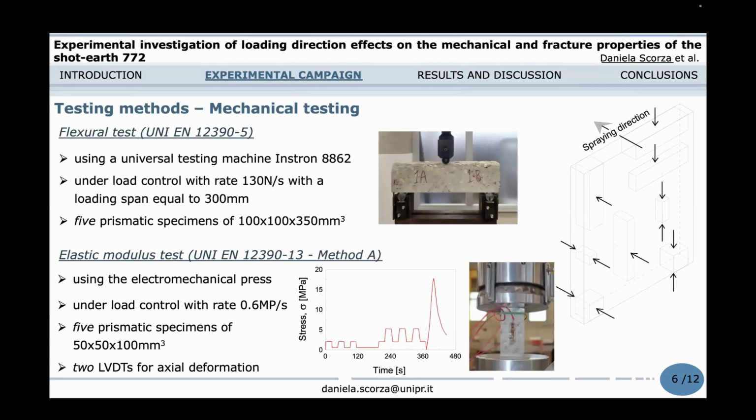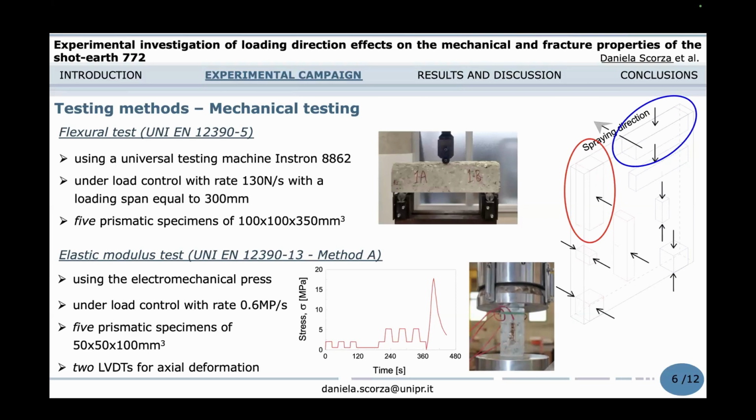For the flexural tests, 5 prismatic specimens, whose nominal sizes are reported here, are tested under 3-point bending loading conditions considering the two mentioned loading directions. The tests carried out according to the European recommendation are performed using a universal testing machine under load control and with a loading span equal to 300 millimeters.